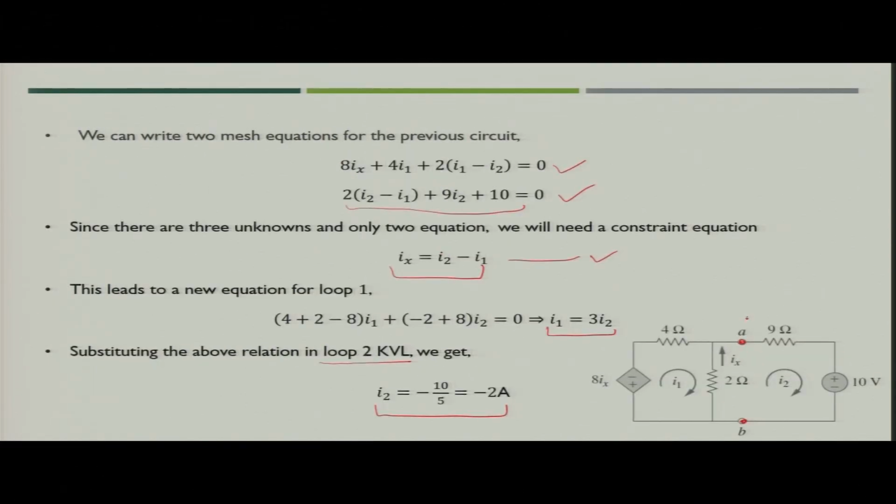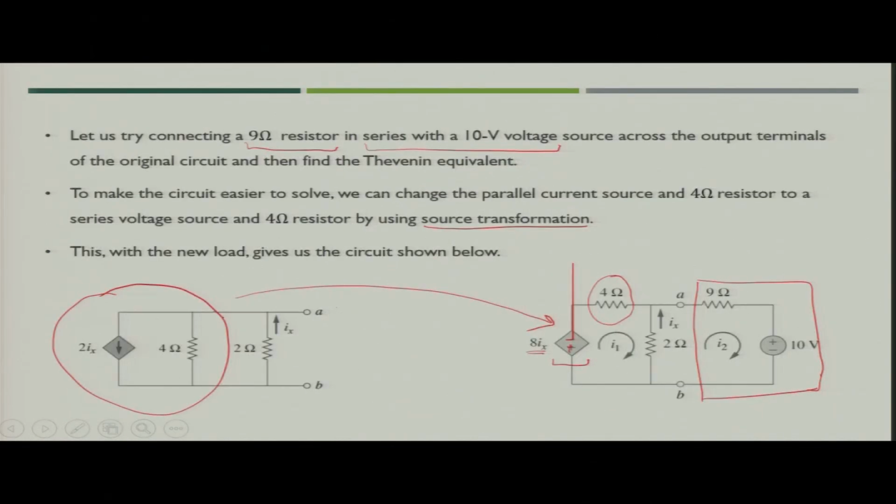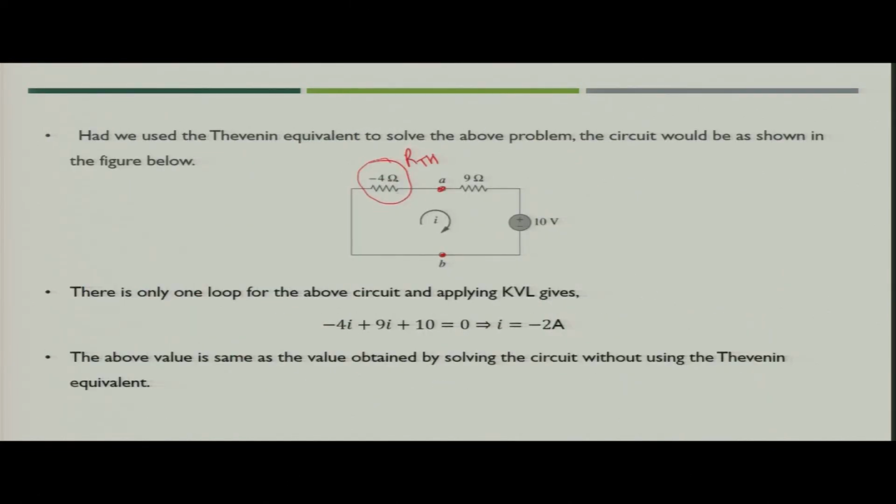So, the left side of the original circuit can be replaced by only the minus 4 ohm Thevenin resistance connected across terminals A and B. So, we now have a very simple circuit, with an equivalent resistance of 5 ohm plus the 10 volt voltage source connected.